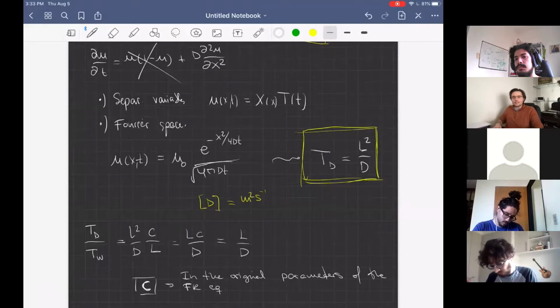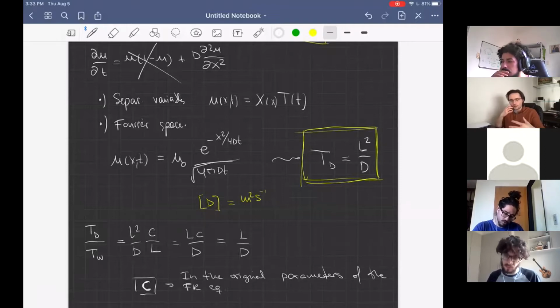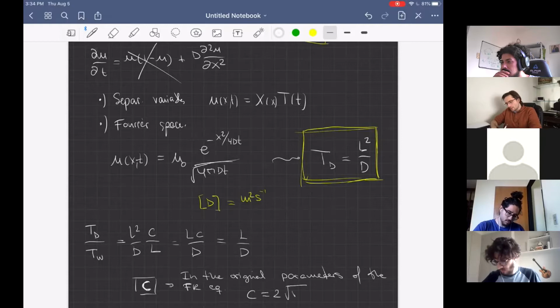So remember that I did all this analysis for the Fisher-Kolmogorov equation in terms of non-dimensional units, non-dimensionalized in space and in time, and then I go to this eigenvalue problem and I calculated this eigenvalue c. But this c, if I relate it to the original units of the problem, you will see that it relates to the growth rate and to the diffusion in this way, which makes sense. I mean, I don't have any actual velocity here, right?